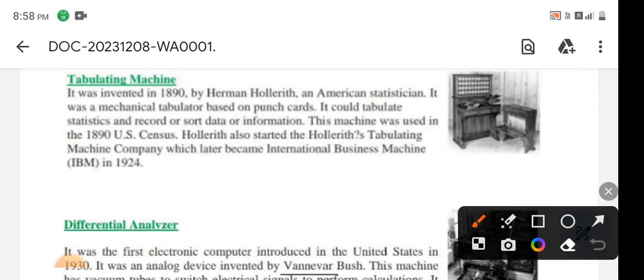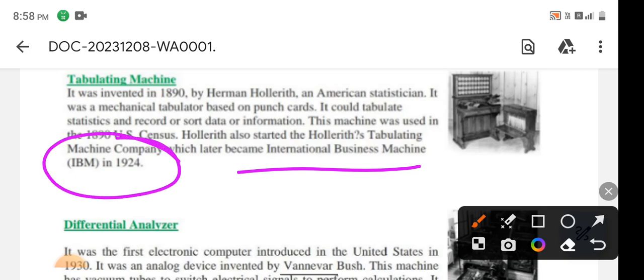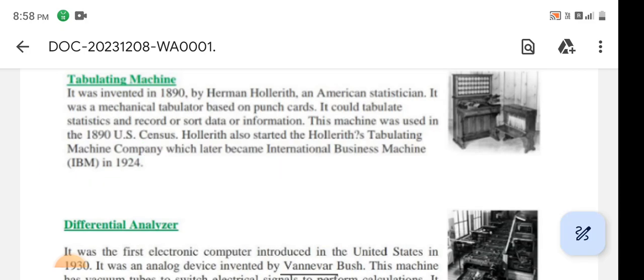It could tabulate statistics and records, or sort data or information. This machine was used in the 1890 US Census. Hollerith also started the Hollerith Tabulating Company, which became IBM, International Business Machines, in 1924.